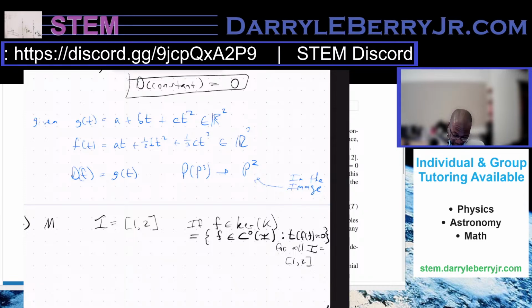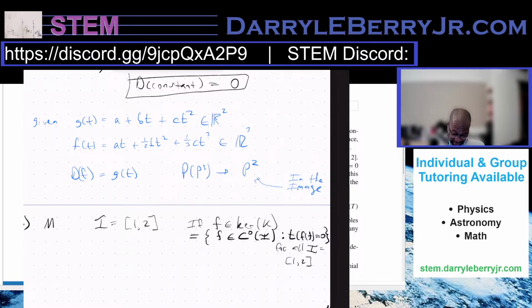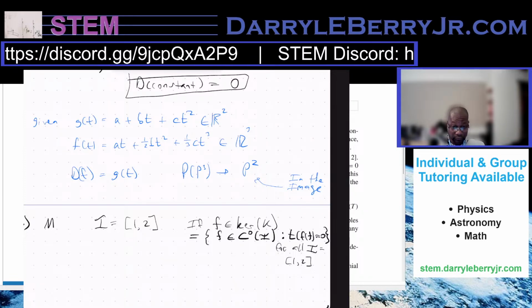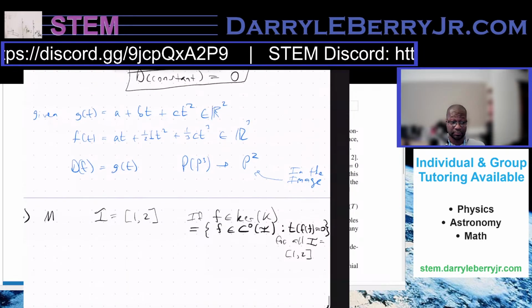So the transformation of f equals 0 if f is in the kernel, which is the definition basically.